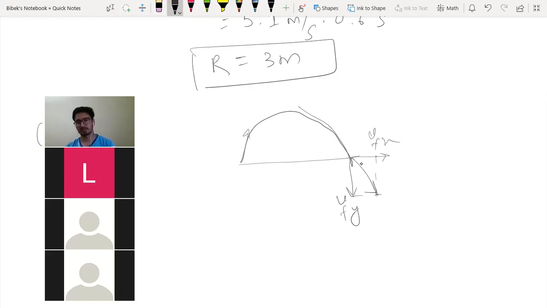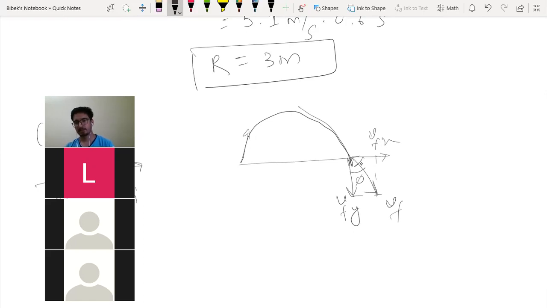Sometimes you are asked to find the angle with which it hits the ground. So I've already told you how to calculate the final velocity. I'm just writing that the final velocity will be the negative of the initial velocity. But you need to give reasoning in your exams. Don't write directly that the final velocity will be the negative of the initial velocity. You need to provide some reasoning or some calculations.